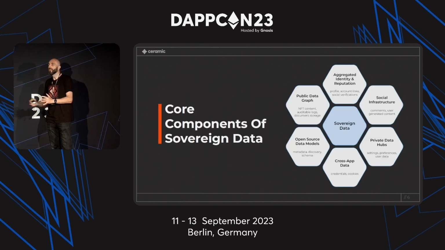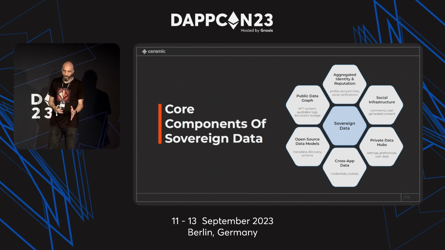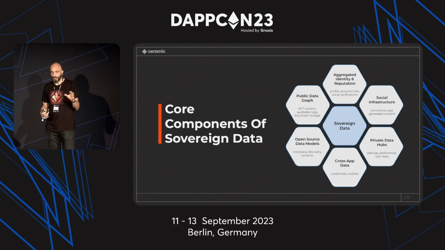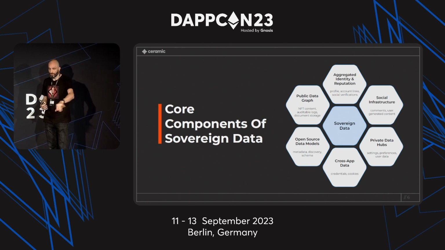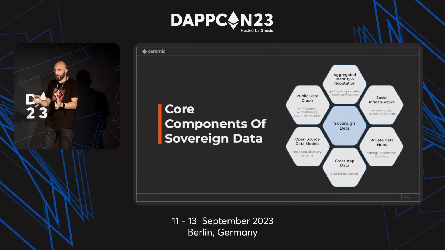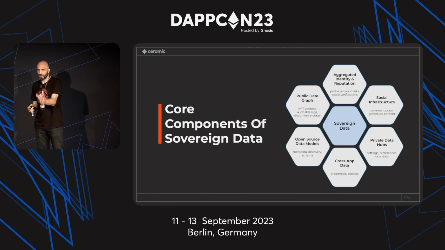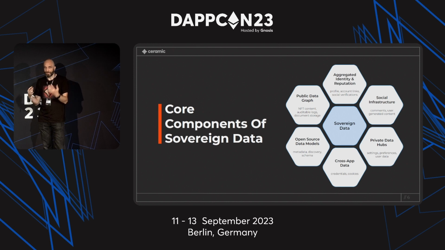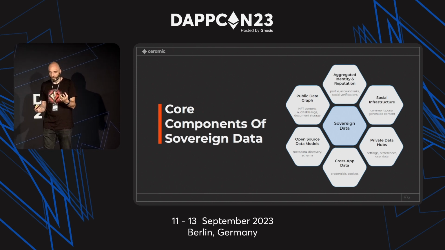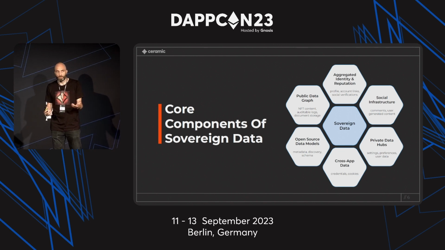And what are the use cases, and why does it matter? The core components of the sovereign data that I've been talking about is mainly, and this is the main use case, at least right now, and it's getting more and more steam, identity. There are two parts of trust in Web3.